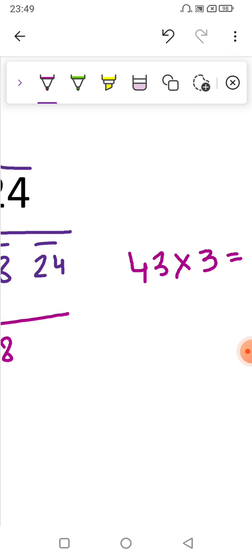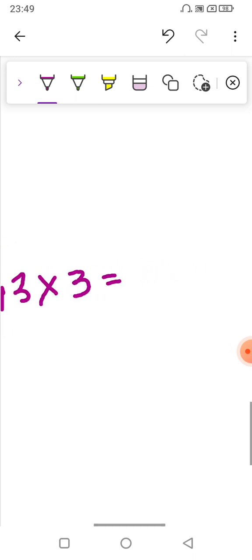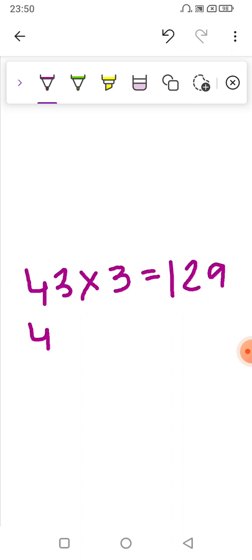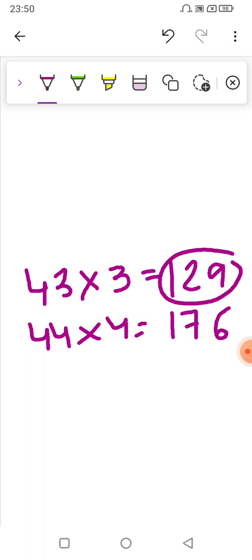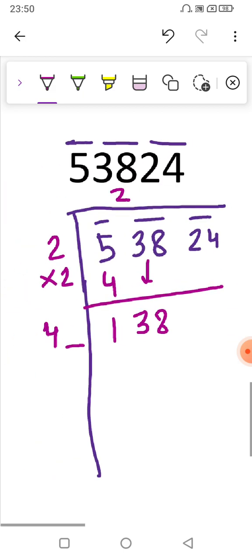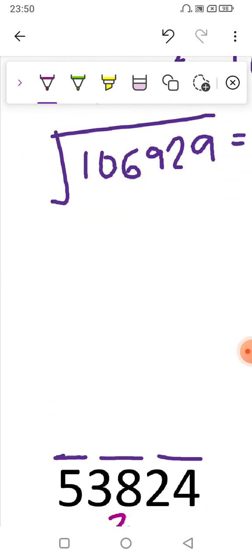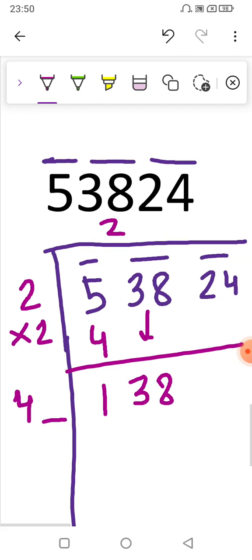43 into 3 we get 129, which is close to this number. 44 into 4 would exceed the number, but we can still have a check. 44 into 4 will become 176. So it is exceeding. So we will take this number 43 into 3. So in this empty space that we've got, we're going to write over here 3 and 3 over here as well.